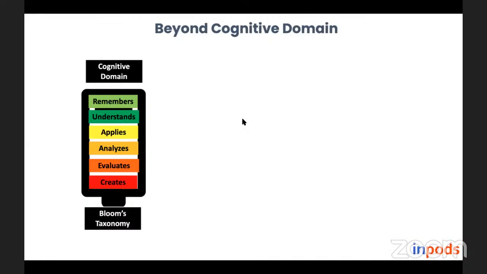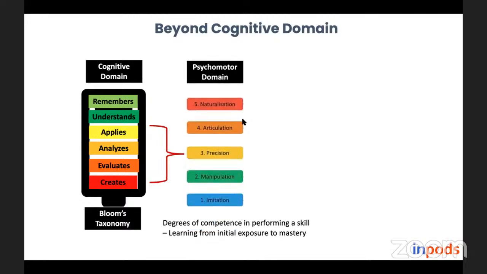So now I am going to go slightly to one more complex area of these ideas: the cognitive domain, the psychomotor domain, not procedural, psychomotor domain. And the third domain is the affective domain.